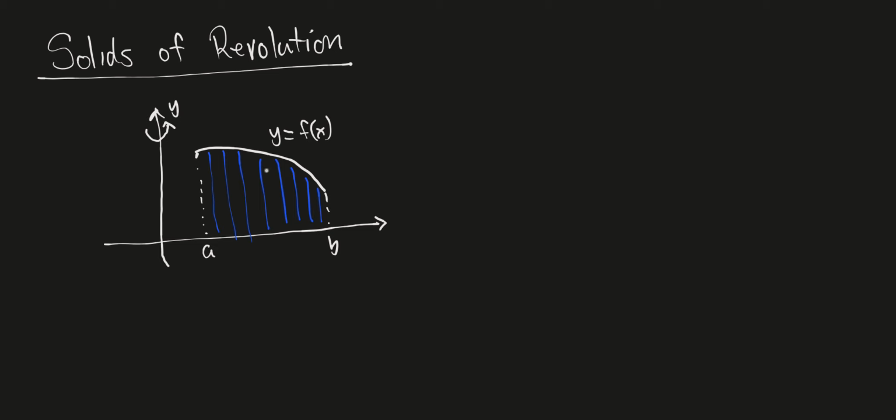So when you look at it, how would I set this up? Assuming we could write this in the form x equals, say, w of y, how do we figure out the limits?